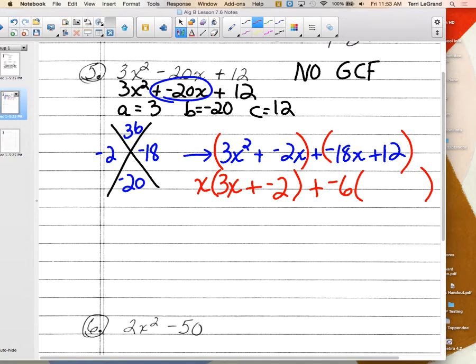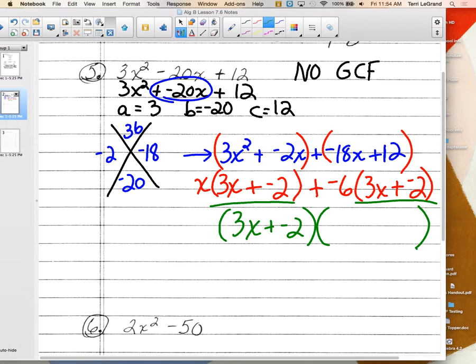So negative 18x divided by negative 6? 3x. 12 divided by negative 6? Negative 2. We need these to match. And they do, don't they? Yeah. So that's one of our factors: 3x plus negative 2. What's the other factor? X plus negative 6.